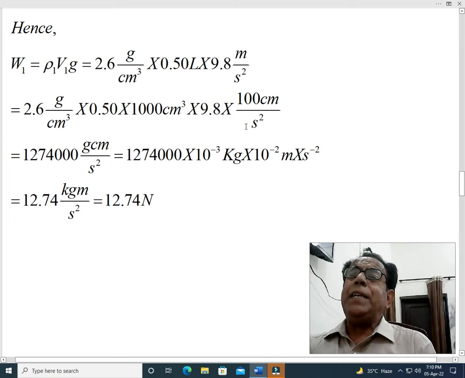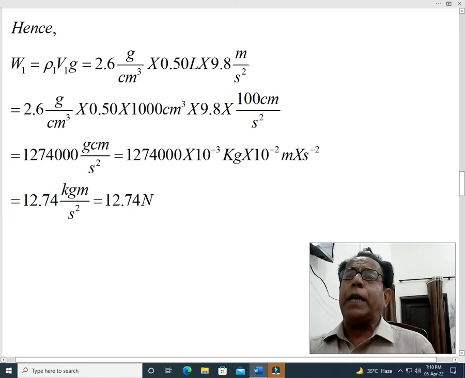Then once again we have, actually dear students, to this extent we can directly express it as Newton, but in MKS system, because Newton is a kilogram meter per second square, so we again convert gram and centimeter into kilogram and meter, okay? When we convert gram into kilogram, we have to multiply it with 10 raised to the power minus 3, okay?